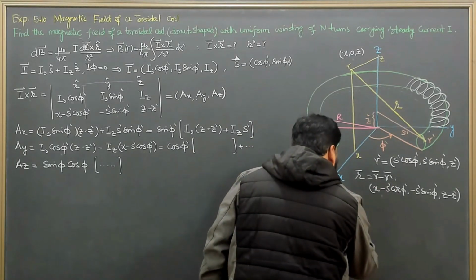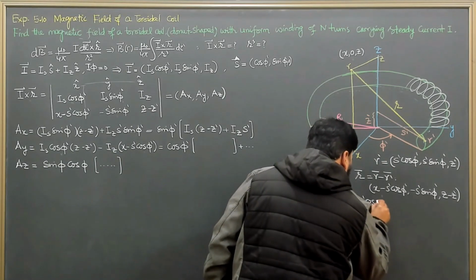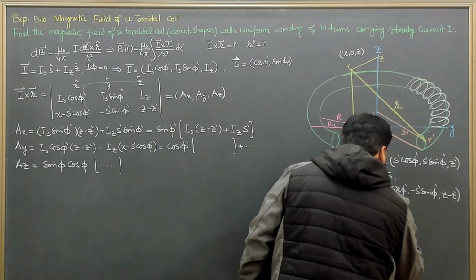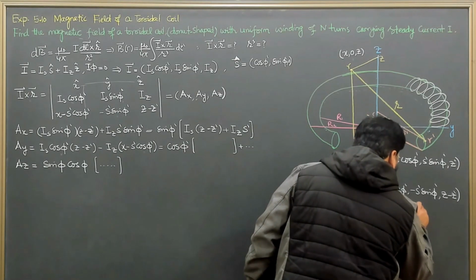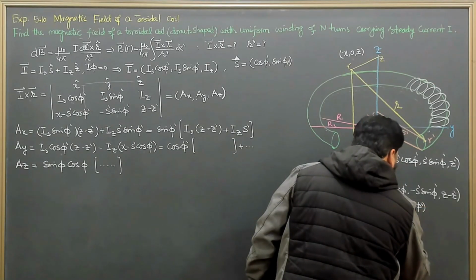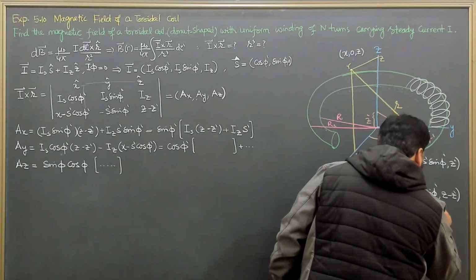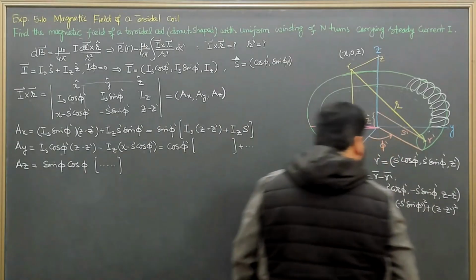So here we have x minus s prime cos phi prime whole square plus s prime sine phi prime, this is minus y squared, and plus z minus z prime whole squared.